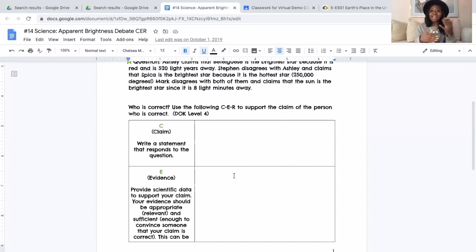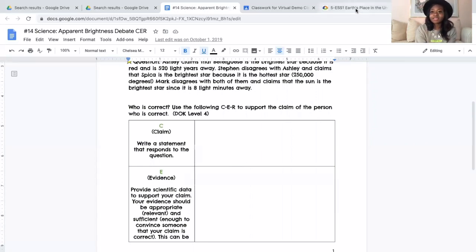So let me backtrack for a second. This CER is based on the performance expectation 5-ESS1-1, and that comes from the Next Generation Science Standards. So here in Prince George's County, we do use the Next Generation Science Standards in our curriculum.